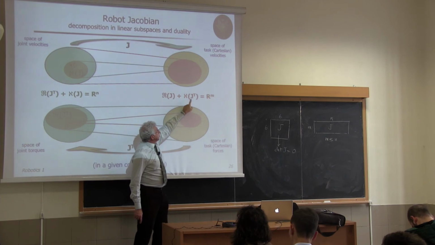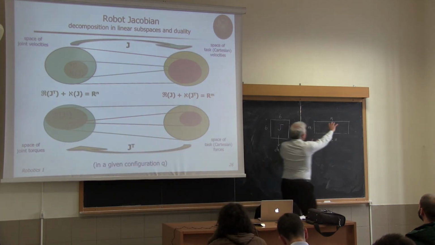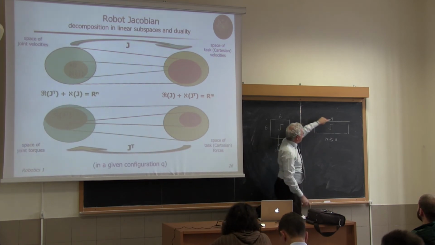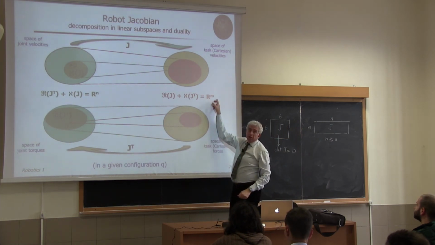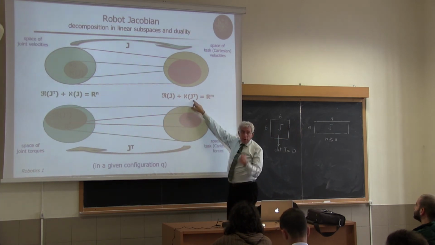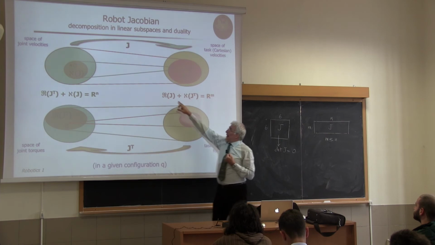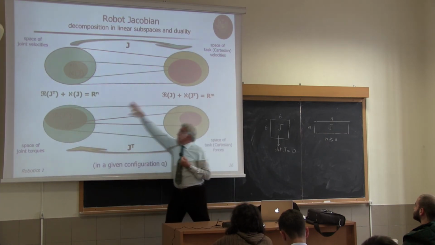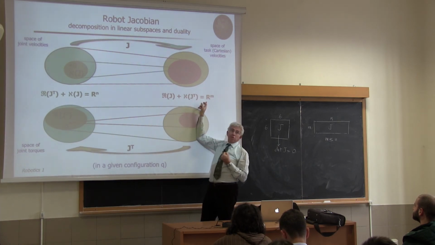If you take the null space of the Jacobian transpose, remember that the Jacobian transpose is a matrix like this, so it takes an m vector and maps it into an n vector. So here I'm in an m-dimensional space. If I take the null space of the Jacobian transpose, which is something that lives inside Rm, and I make a direct sum with the range of J, which is the destination here, so it's again in Rm, I get the whole space.